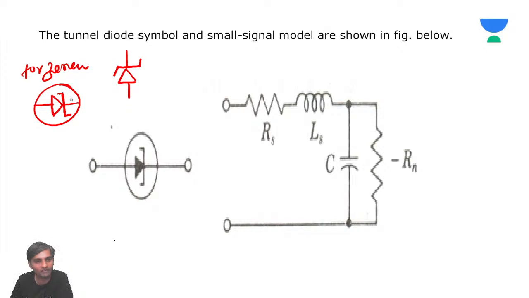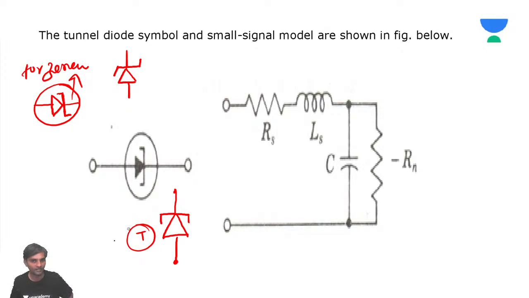For a Zener diode, you have a Z. Similarly, for a tunnel diode, you have a T. Simply turn it around by 90 degrees, and what happens, sir? You'll get it like this. The symbol of a tunnel diode.